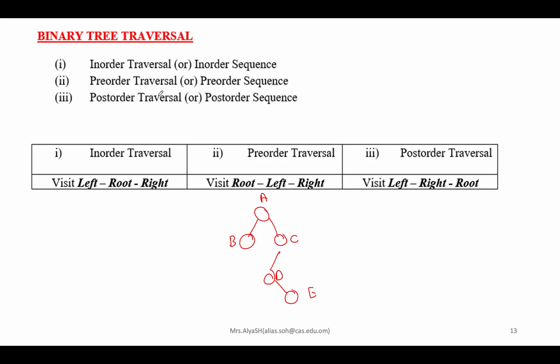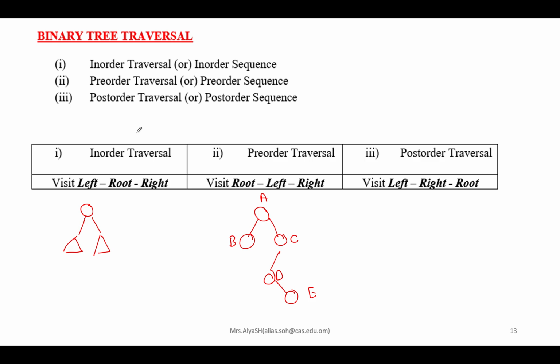The first one is called the in-order sequence. In the in-order sequence, if we got the tree as you can see here, root, then the left subtree, and the right subtree.